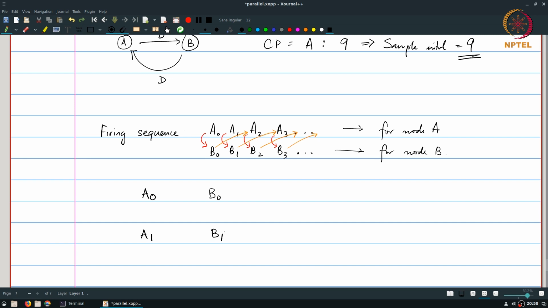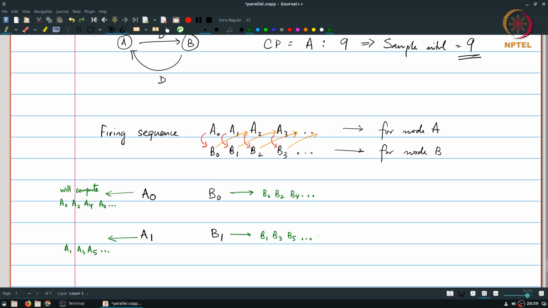Effectively, in other words, what I'm saying is that the node A0 is going to compute the iteration values A0, A2, A4, A6 and so on, whereas A1 will compute A1, A3, A5 and so on. And this B0 in turn will compute B0, B2, B4, while B1 will compute B1, B3, B5 and so on.